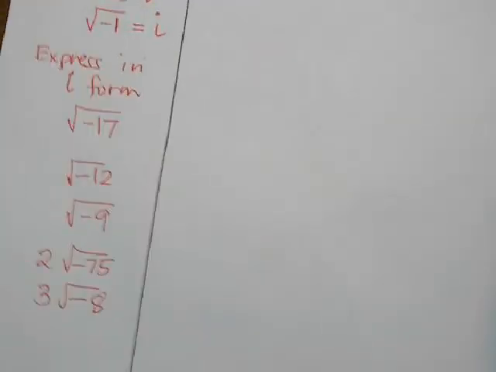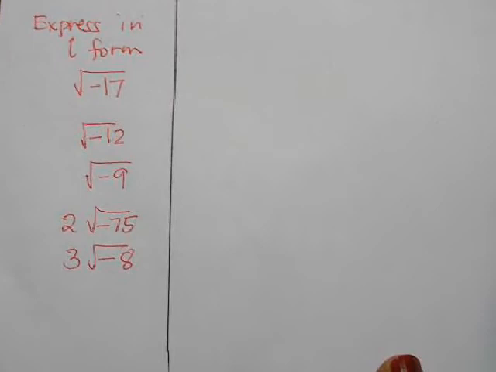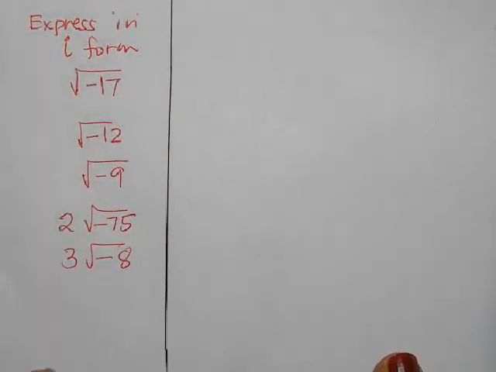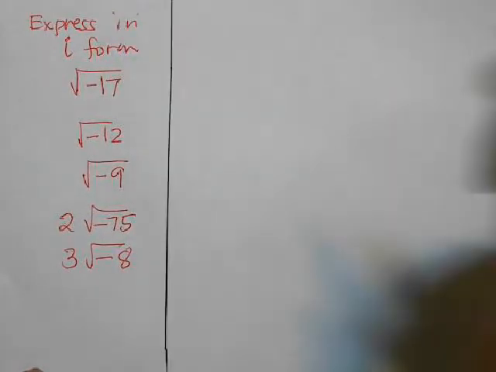Okay, so it's very easy. In algebra 2 you're going to have a deeper study of imaginary numbers, but in algebra 1 we will just learn how to express square roots of negative numbers in i form.